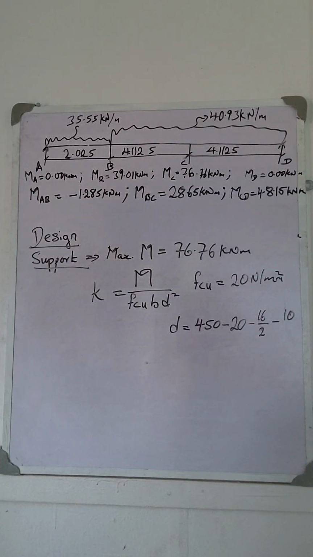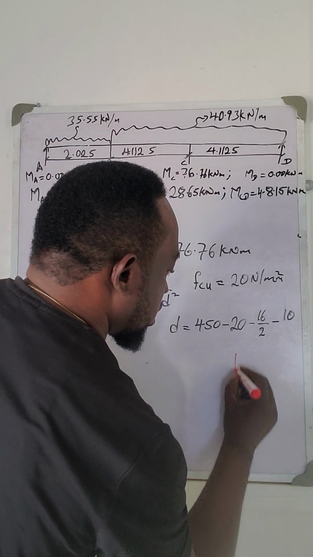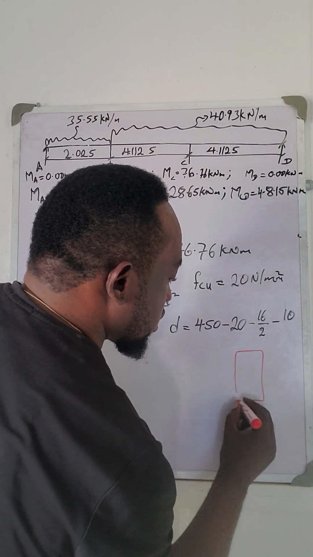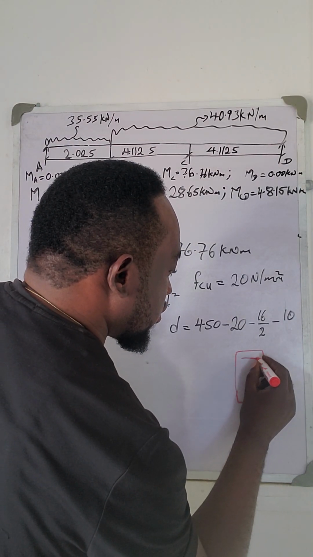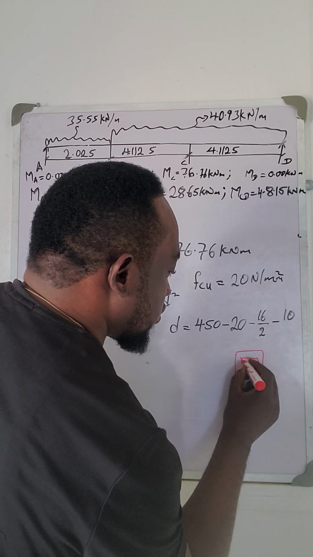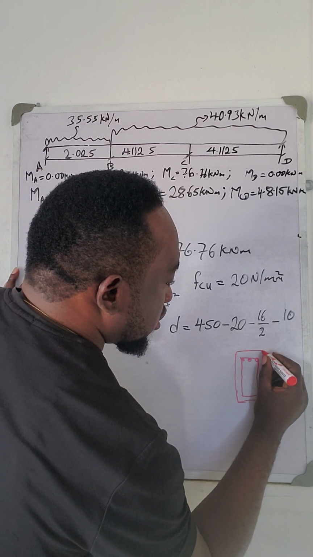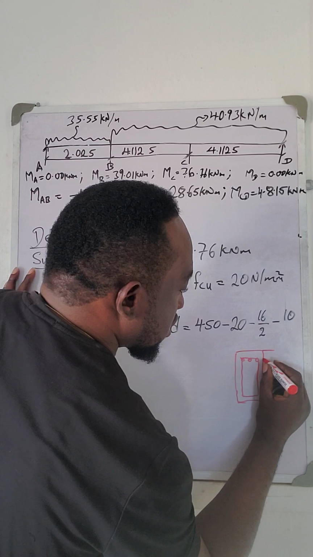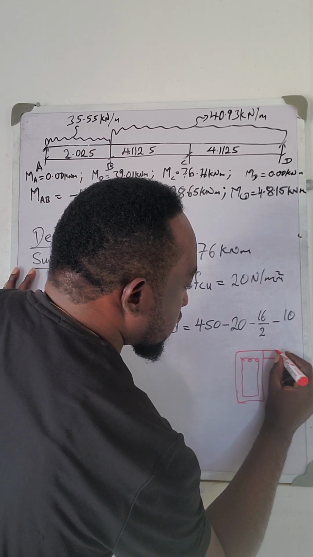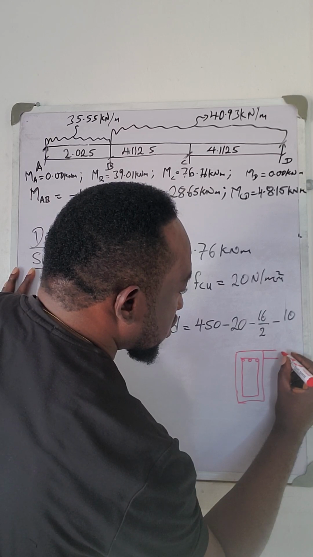I don't think that is clear enough. Let me make it simpler. Assuming we have a beam like this, we have the stirrups, then we have the reinforcement, for instance. The dimension between the formwork and the stirrup is what we call the concrete cover.